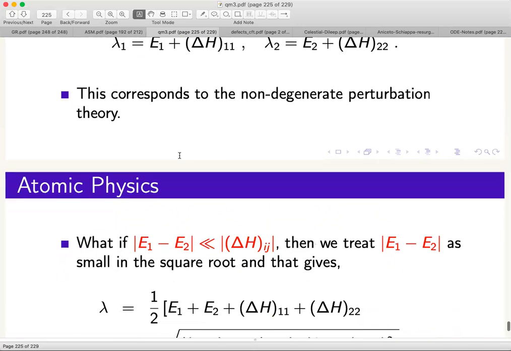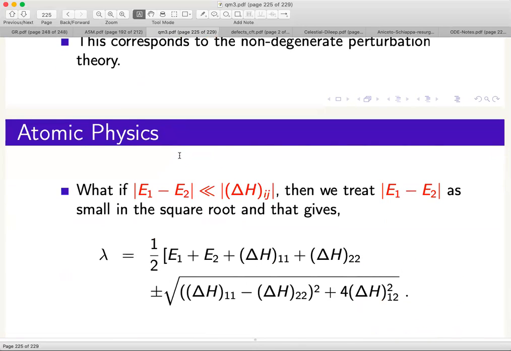What if the situation was exactly opposite? If the situation is opposite, then you can treat E1 minus E2 as a small quantity, and in the square root, you can just get rid of that term first, and write down this remaining expression in this particular fashion.